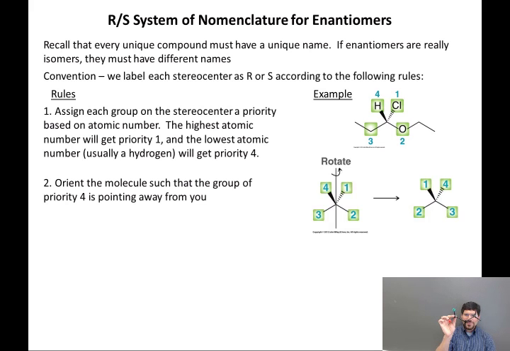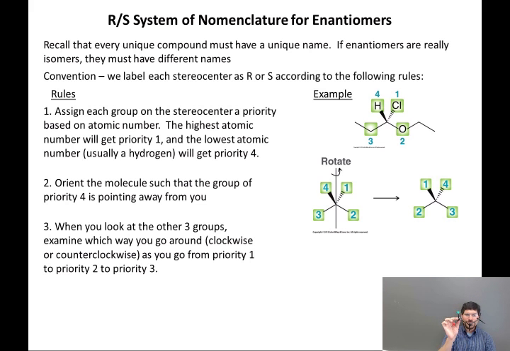Now, the remaining three groups that are all pointing a little bit towards you, if that hydrogen is pointing away from you, will trace out either a clockwise or counterclockwise circle as you go from priority 1 to priority 2 to priority 3. In this case, the chlorine is priority 1, the oxygen is priority 2, the carbon is priority 3.